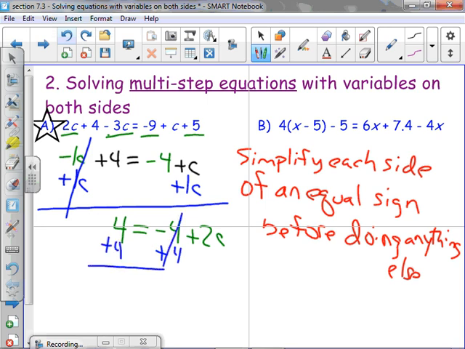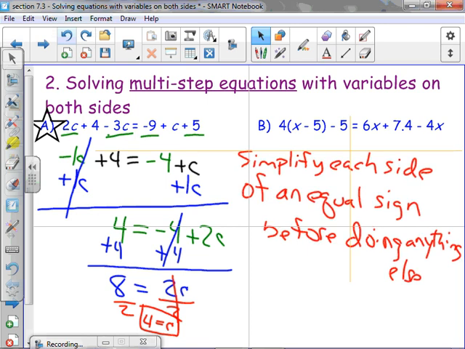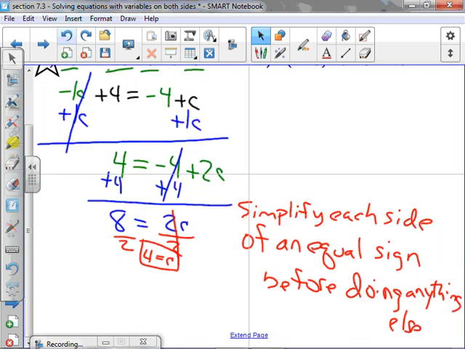I will get 8 equals 2c. And then very easily I will divide by 2, and I get 4 equals c, or c equals 4, either way you prefer. I'm going to move that down so that we can do the next question.